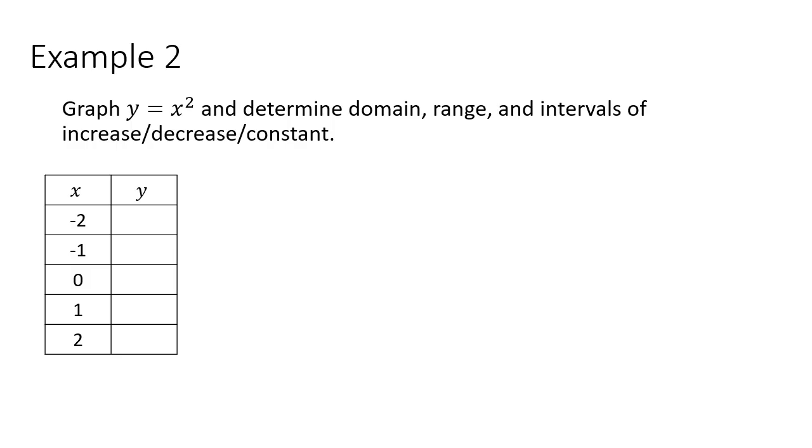So let's start by graphing the most basic quadratic function of all, just y is equal to x squared. So what we're going to do is you're going to be given the x values that you're expected to use for the graph. And in order to find the corresponding y values for the ordered pair, it's basically function evaluation.